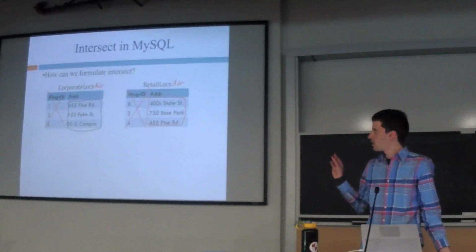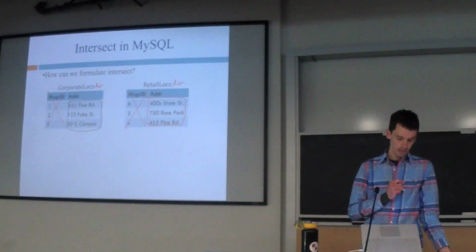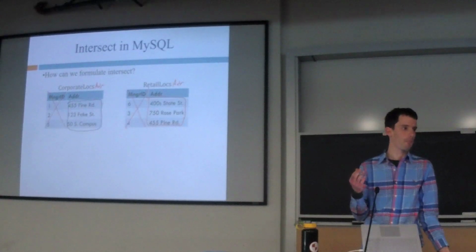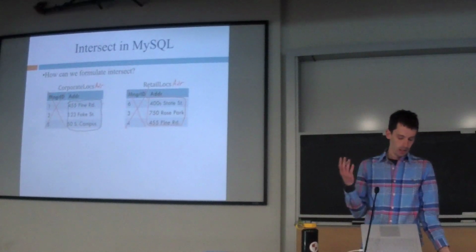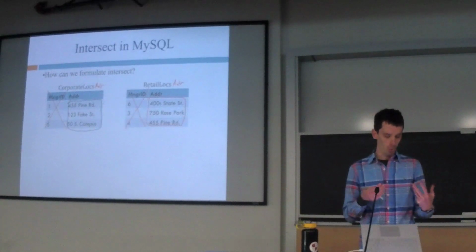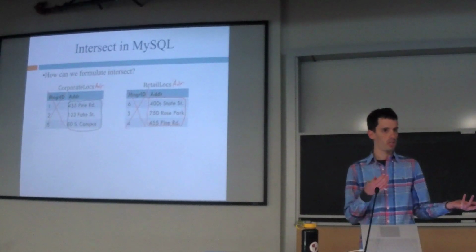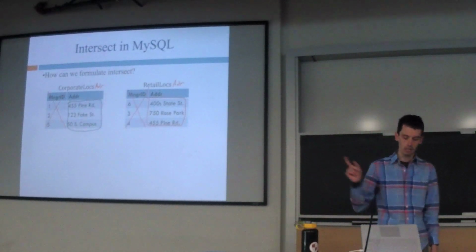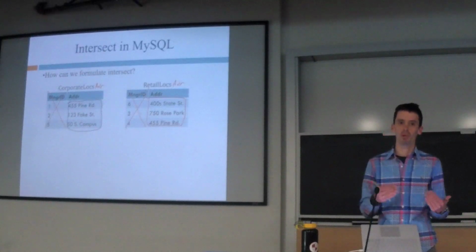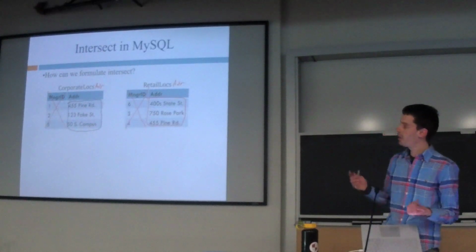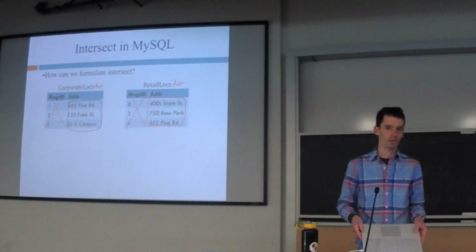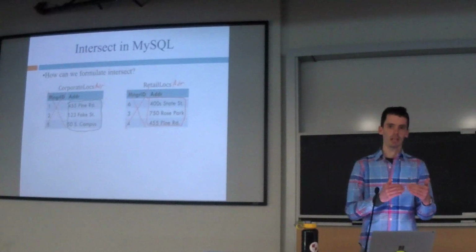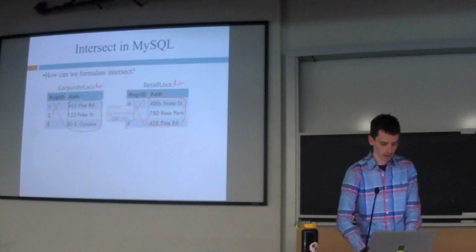If you had these relations with those names, could you devise an intersect using just other SQL stuff that we've seen? Yes, so an example is join them where address from retail equals address from corporate. Or in other words, natural join. If I had these two tables, a natural join would be an intersection. So all we need is to come up with those two tables as temporary things that I can then use a natural join on.